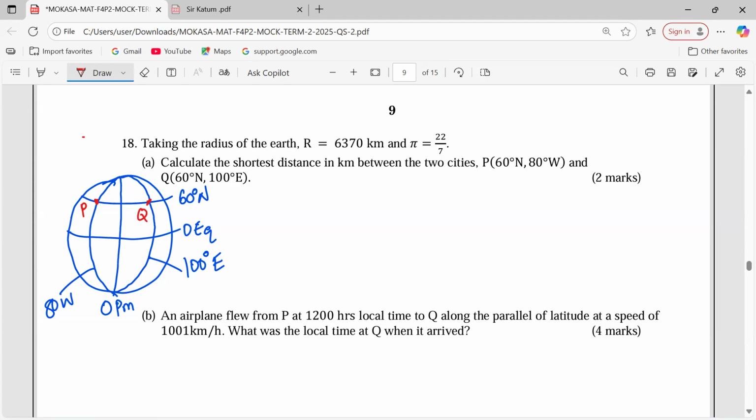From one point, for you to get the shortest distance, you usually pass through the nearest pole. If the two places are in the northern hemisphere, as you can see, the nearest pole is the North Pole. So through the North Pole, then down through the same path, because when two longitudes are supplementary, the path is usually the same. When you access the North Pole through 80 degrees in the west, then you flow down, you will automatically be passing through 100 degrees in the east.